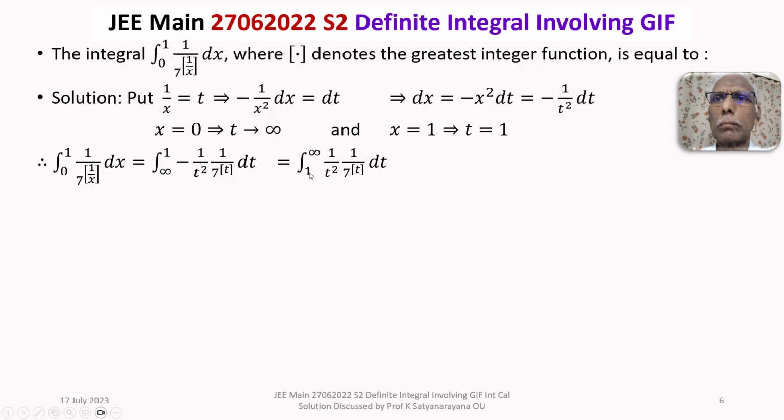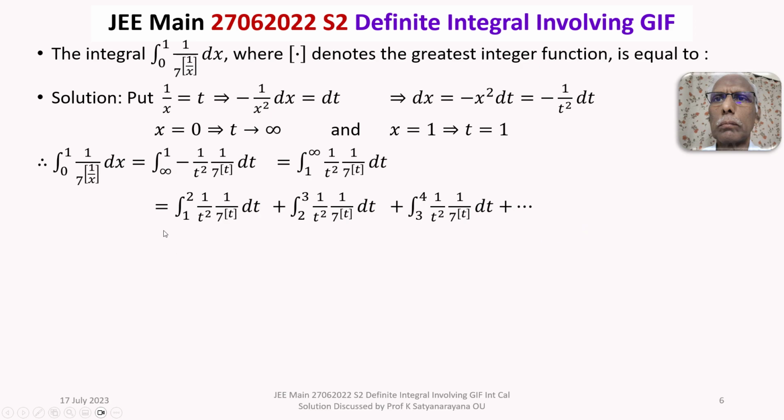Now we will break this integral: integral 1 to 2, 2 to 3, 3 to 4 and so on and so forth. That is equal to integral 1 to 2, the function is same, plus integral 2 to 3 plus integral 3 to 4, so on and so forth.